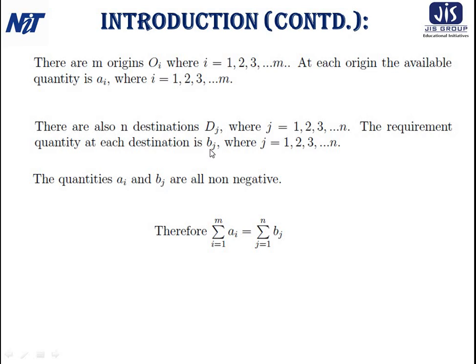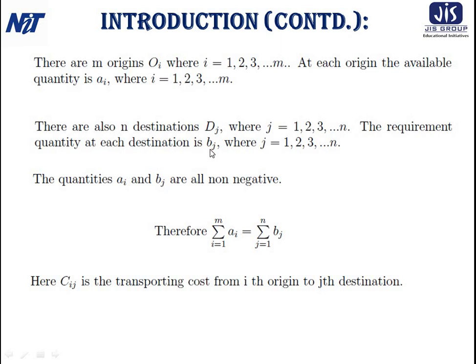Then the transportation problem is called a balanced transportation problem, and then only we can solve the transportation problem. If summation of Ai is not equal to summation of Bj, then the transportation problem is called an unbalanced transportation problem. Then at first we have to balance it, and then we can solve this transportation problem.